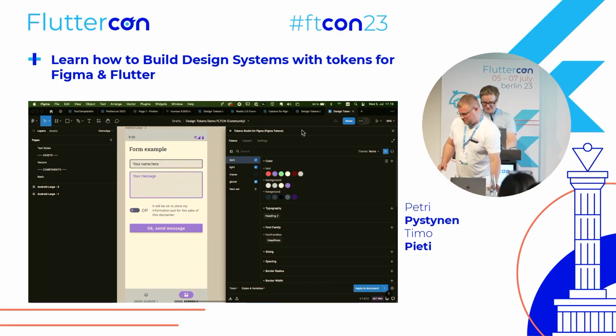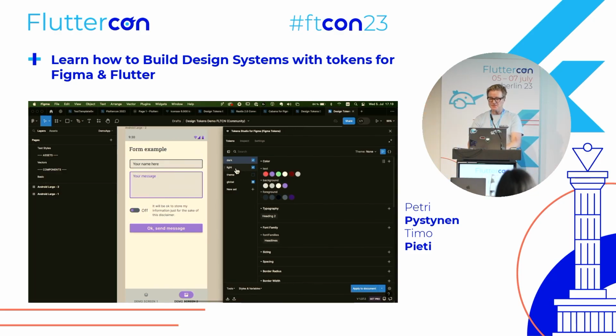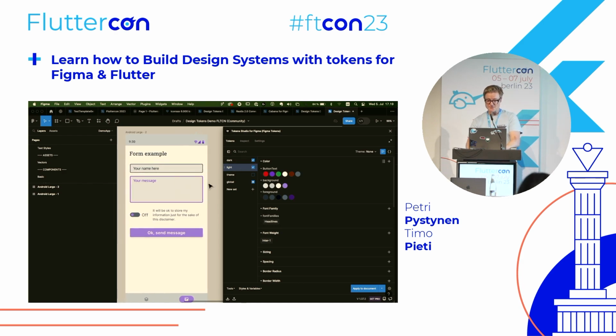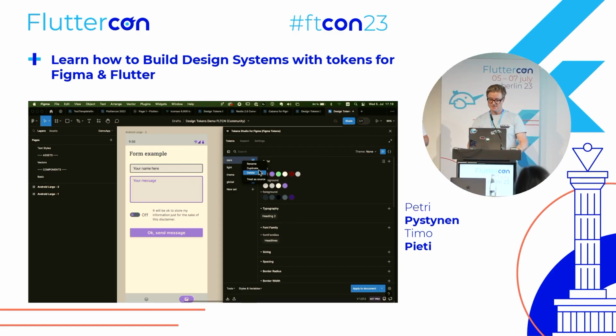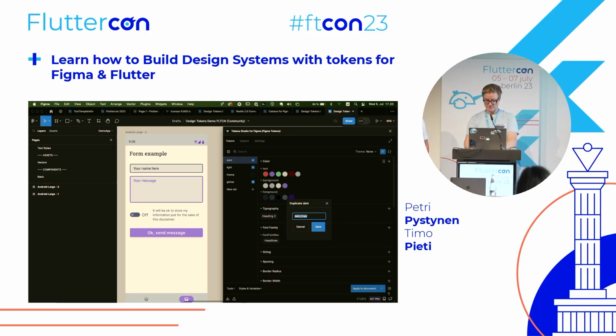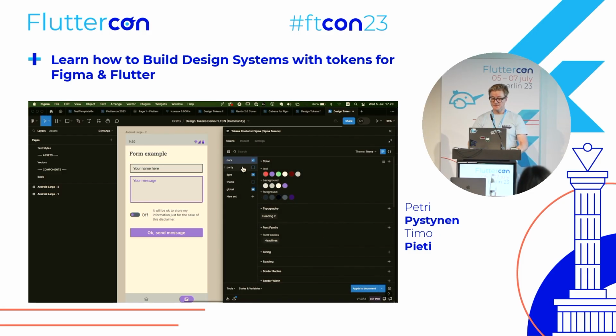So basically, the easiest way to generate a new theme is to take, for example, the dark theme, and then you can just duplicate it. Let's give it a new name, like party, whatever. And then there's a new theme right now.